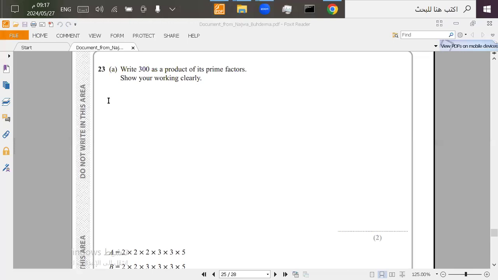Now, to write a number as a product of its prime factors, you have to take it and divide it by the first prime number, which is 2. So you start dividing by 2 until you reach 1 and you can't divide anymore. And this will be the answer for this question. So 300 divided by 2 equals 150. Then you divide by 2 again, you get 75.